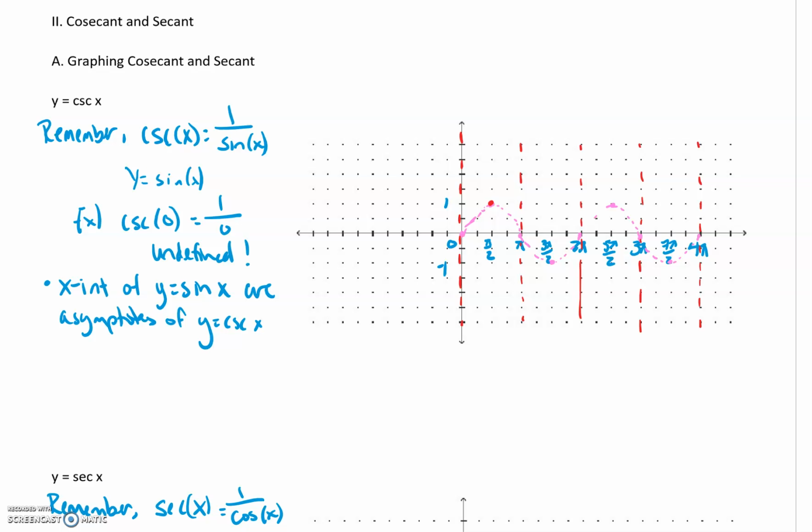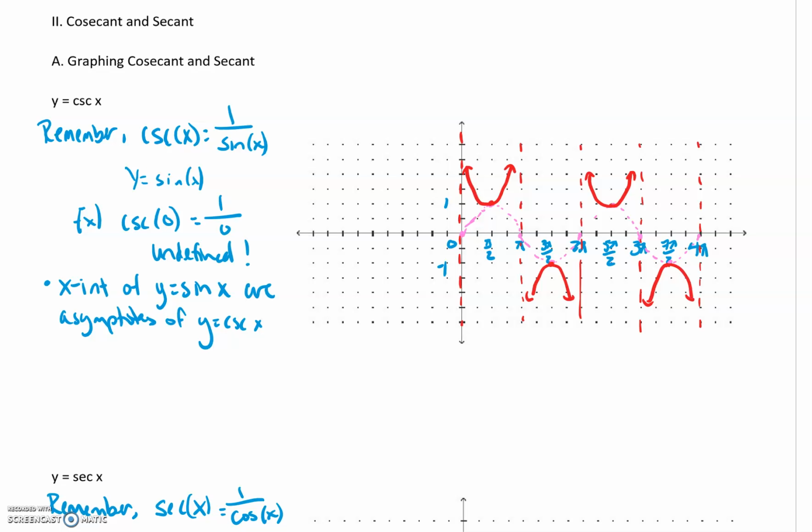So instead of having a u going down, we're going to have a u going up, like that, going toward our asymptotes. Same down this way. We're going to have that same point there at the minimum of your y equals sine x, but now we're going to flip it, and our u is going to go downward. And that is how we graph cosecant.